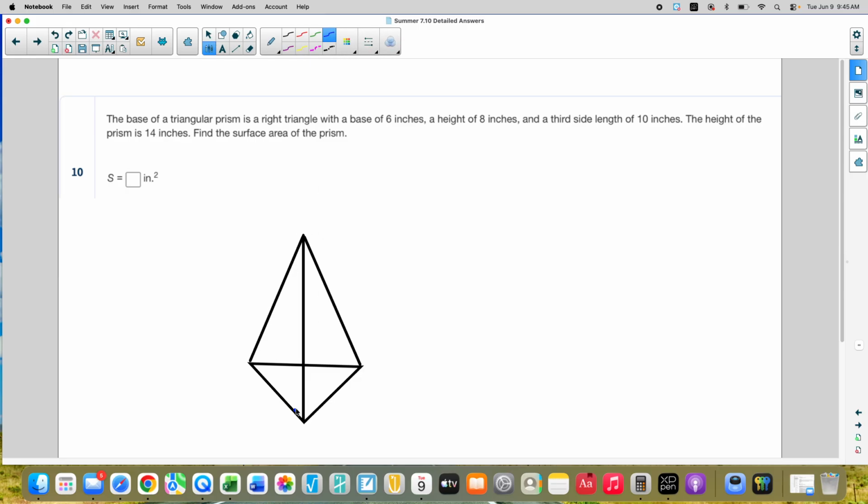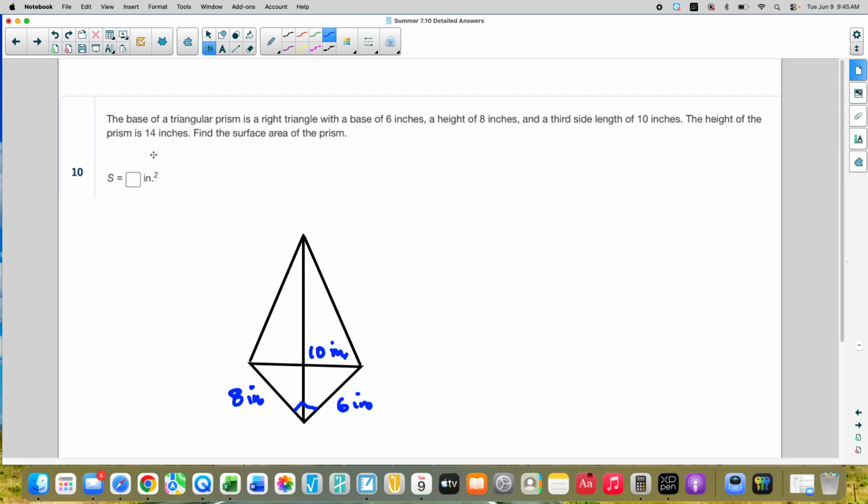We have a right angle here, with a base of 6 inches, a height of 8 inches, and this back side, the third side, which is called the hypotenuse, is going to be 10 inches. And then the height of the prism is 14 inches.